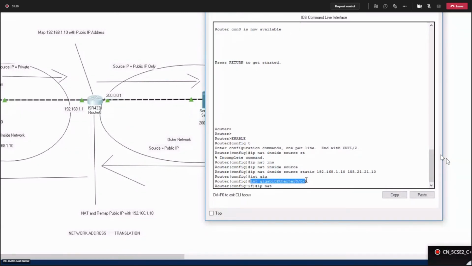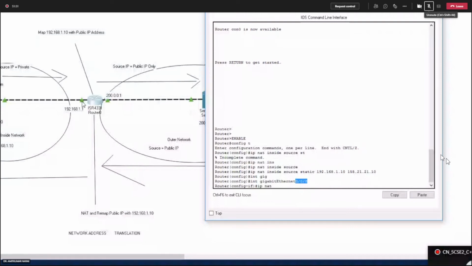you have to go on the specific interface and inform the router that this gigabit Ethernet 0/0/0 will act as an inside interface or outside interface. So is it inside or outside? Inside.